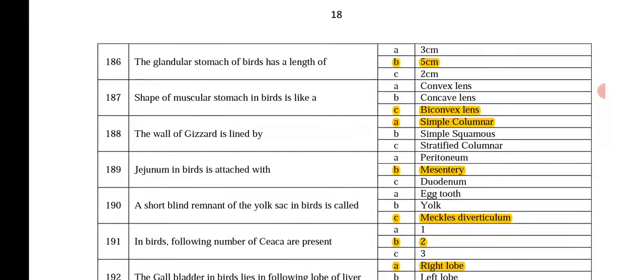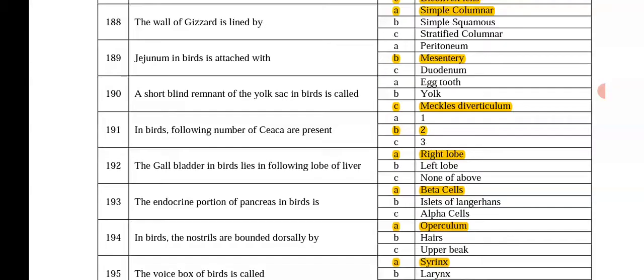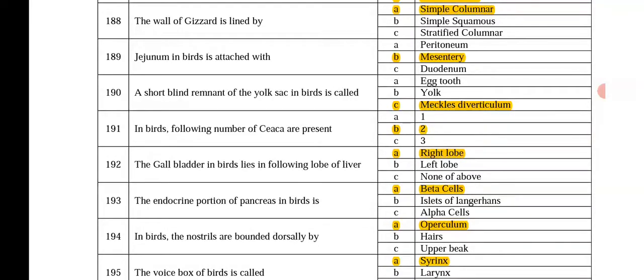A short blind remnant of yolk sac in birds is called Meckel's diverticulum. In birds, following number of ceca are present: 2. The gallbladder in bird lies in following lobe of liver: right lobe. The endocrine portion of pancreas in birds is beta cells. In birds, the nostrils are bound dorsally by operculum.